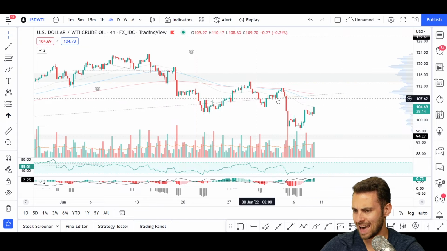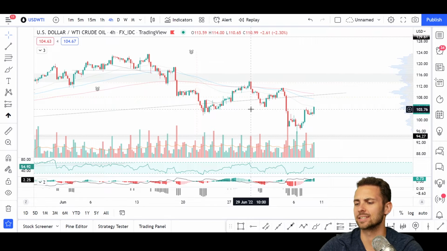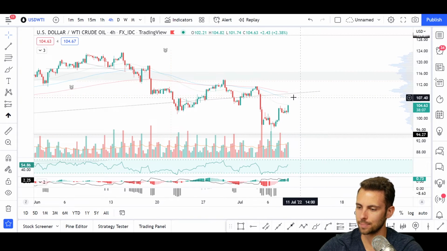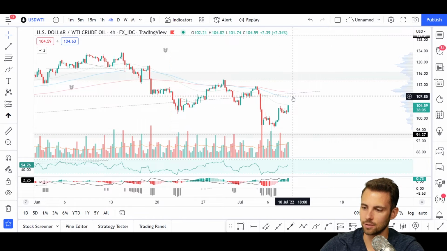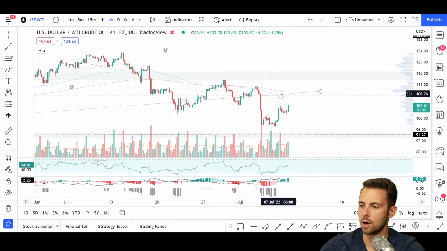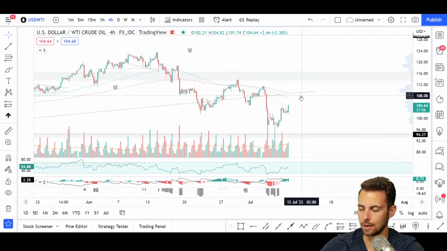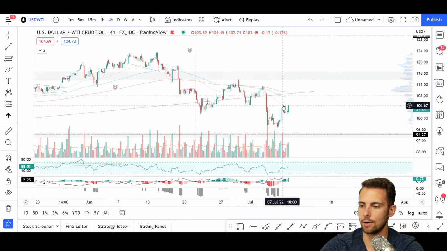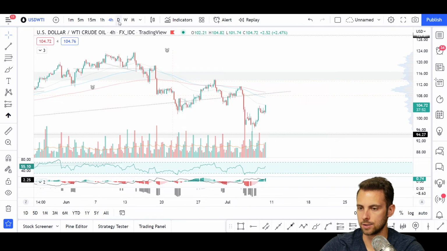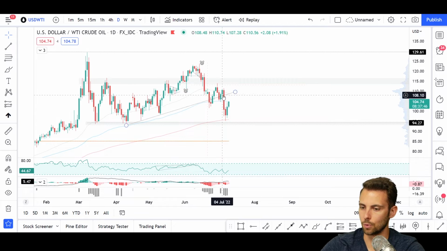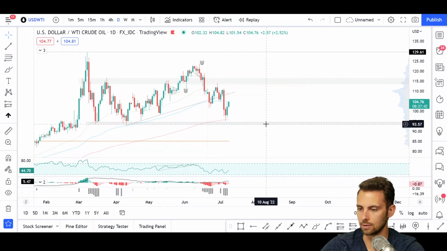However, we still have a wall of supply on the way of USD WTI, and I do expect this one to get no further than 107.4 and right afterwards start a slow reversal pattern. So for USD WTI, I do expect it to get down to around 93 levels.